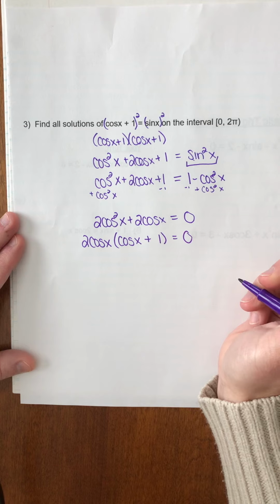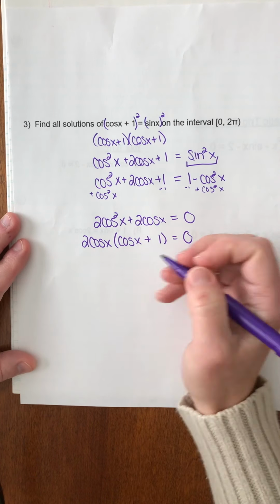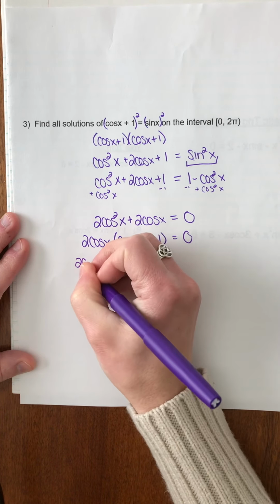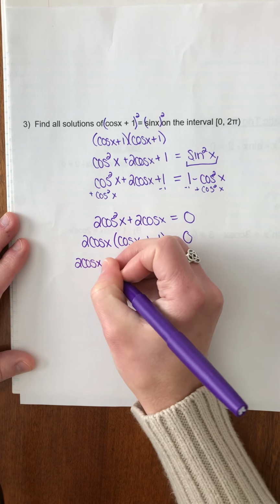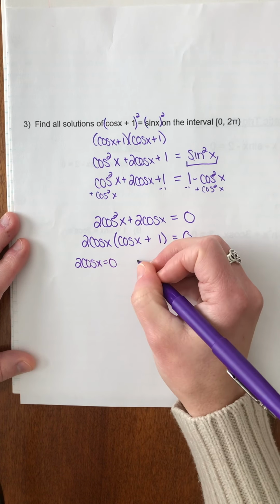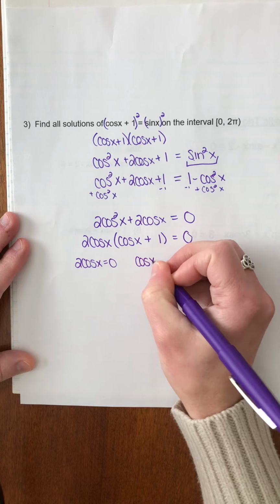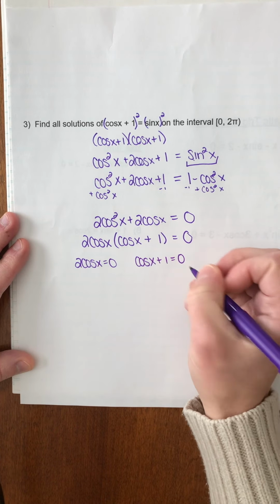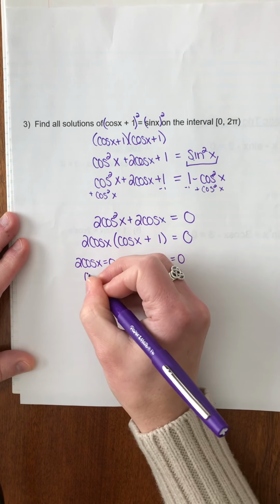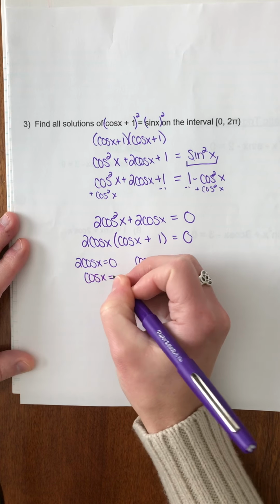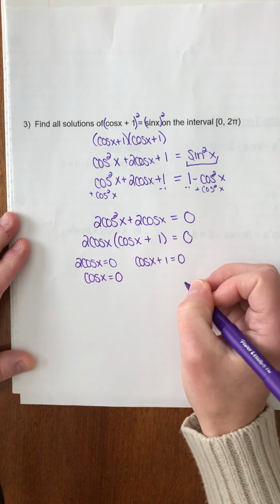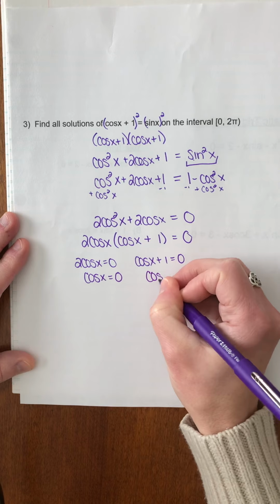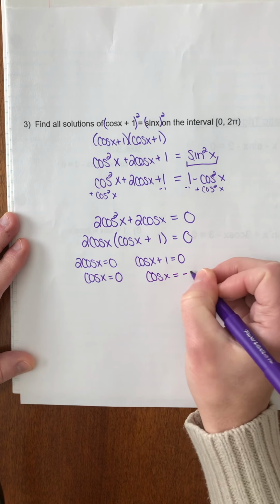And so once I have that factored, I can set each factor equal to 0. So 2 cosine x equals 0, and cosine x plus 1 equals 0. And then I solve for cosine x, so cosine x equals divide by 2, 0. Cosine x equals subtract 1, negative 1.